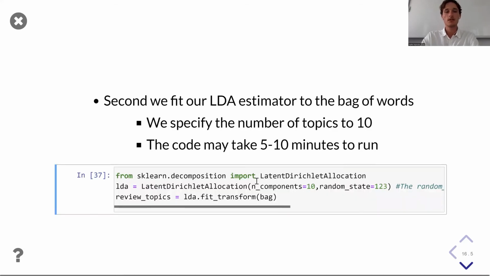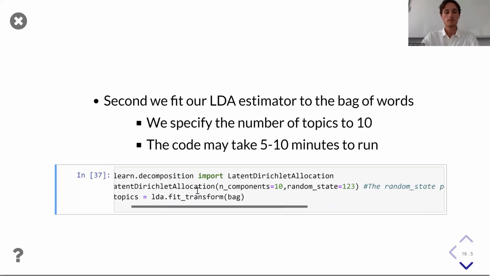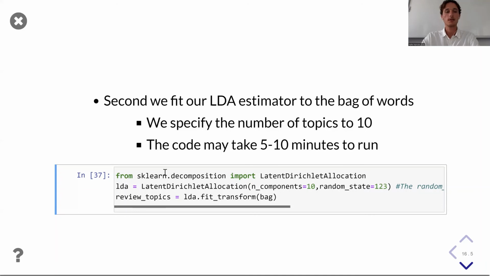So how we do it is that we import the latent dirichlet allocation, and we store that in the LDA variable here, and then we use the function fit transform and input our bag of words to get our review topics. So our topic modeling can actually be done in very few lines of code.